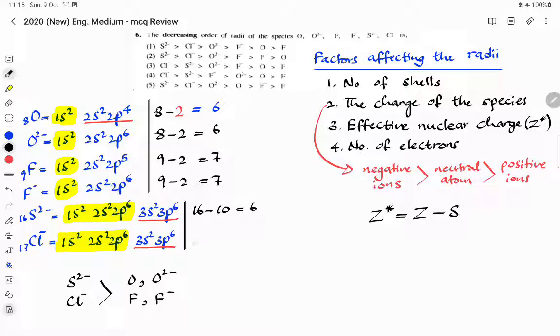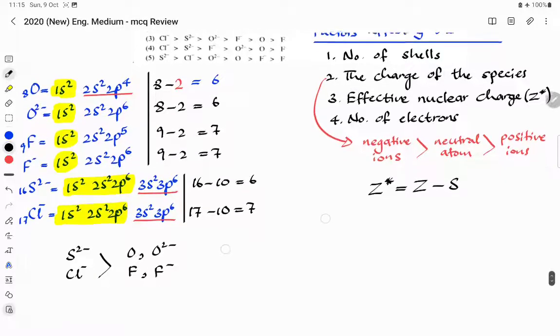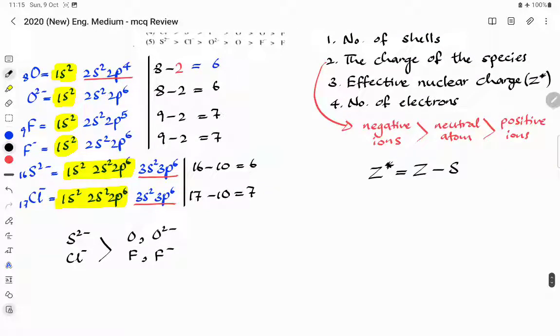It will be 6. For chlorine it's 17 minus 10. It's 7. Right. When we compare the effective nuclear charges of sulfide and chloride, chloride has the higher effective nuclear charge, since when the effective nuclear charge become higher, the radius become smaller.